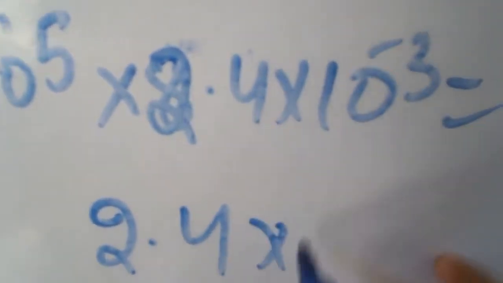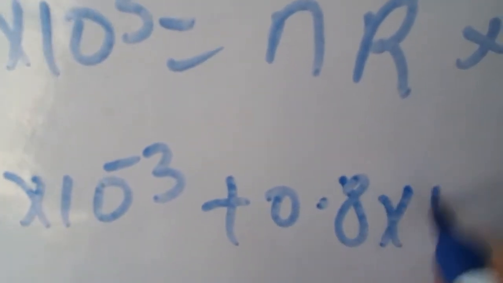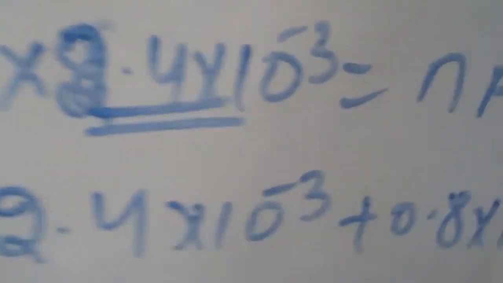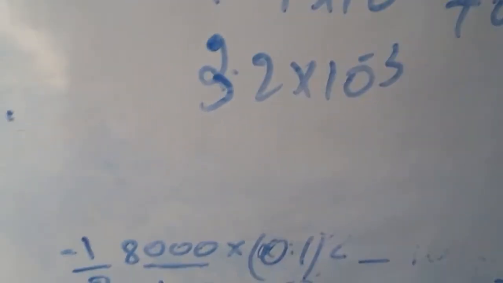New volume will be 2.4 into 10 to the power minus 3 plus 0.8 into 10 to the power minus 3, because initial volume is 2.4, given in the question. So the total is 3.2 into 10 to the power minus 3. Okay, so it is very simple to find. I have found the final pressure and the final volume, so I can calculate it very easily.